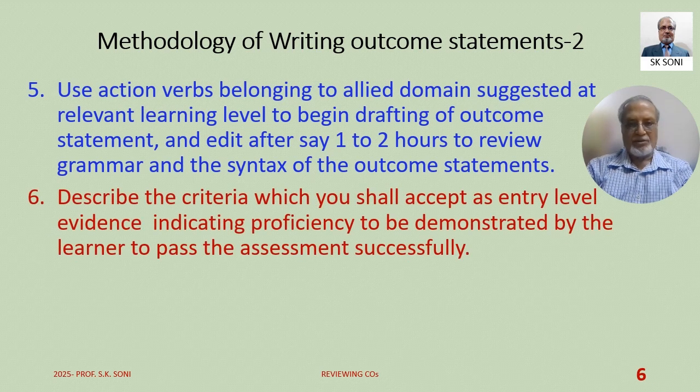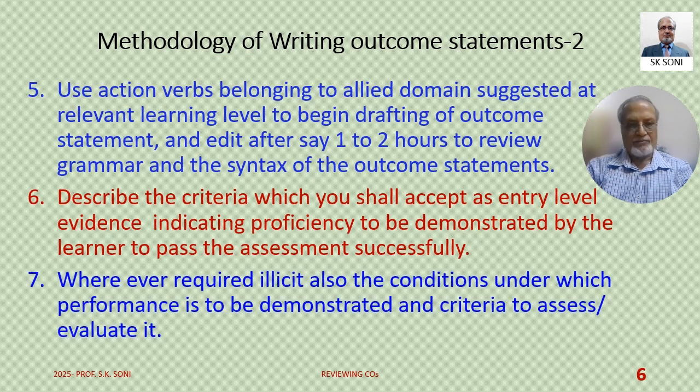Describe the criteria which you shall accept as entry-level evidence indicating proficiency to be demonstrated by the learner to pass the assessment successfully. Wherever required, elicit also the conditions under which the performance is to be demonstrated and criteria to assess and evaluate it.